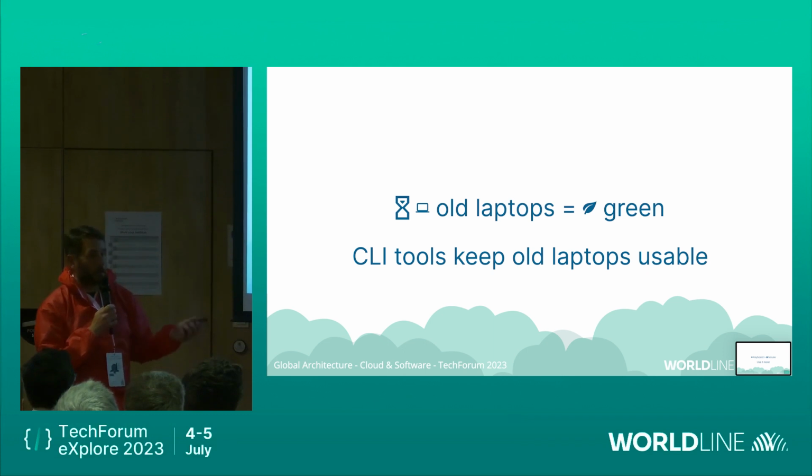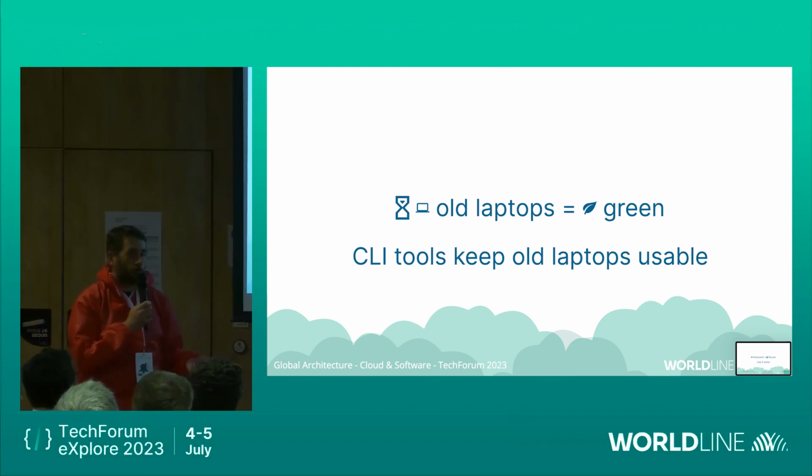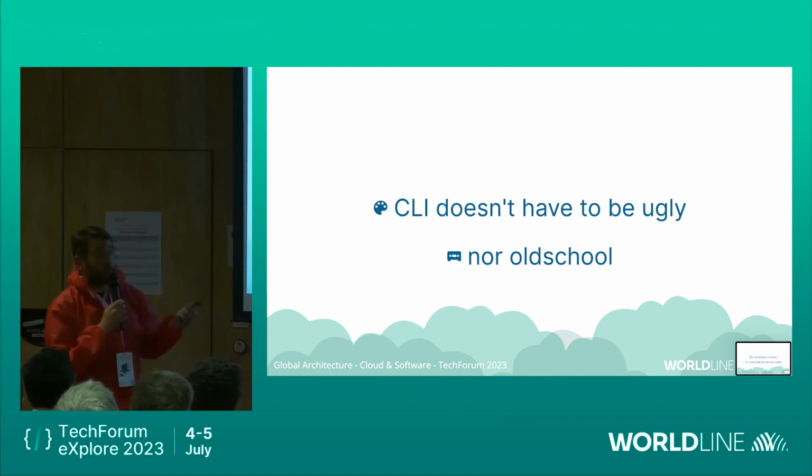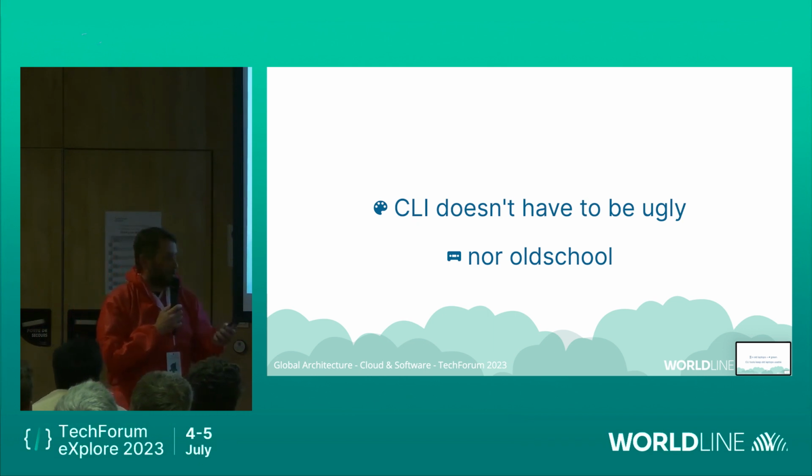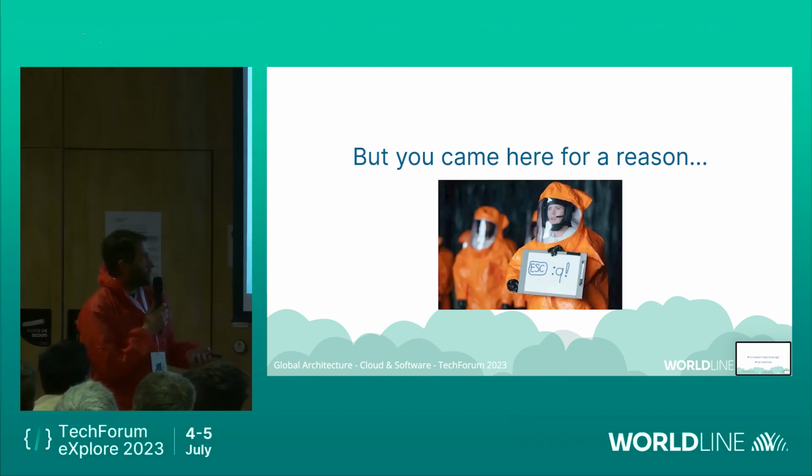So maybe here you can spare some money and some CO2 by using your old laptop with a terminal. And finally, CLI doesn't have to be that ugly nor old school. You have clearly a lot of tools that are really fancy and that bring a lot of usability to the terminal. So don't remember Bash, remember Z shell, which is far more usable.